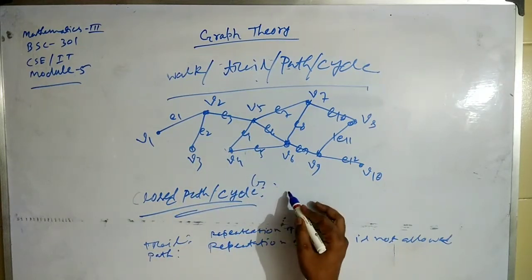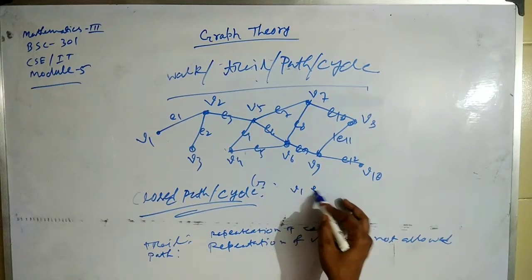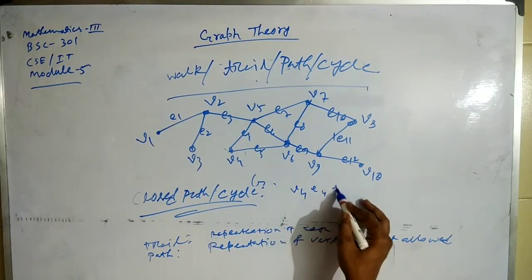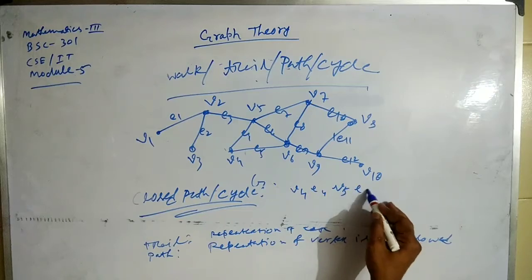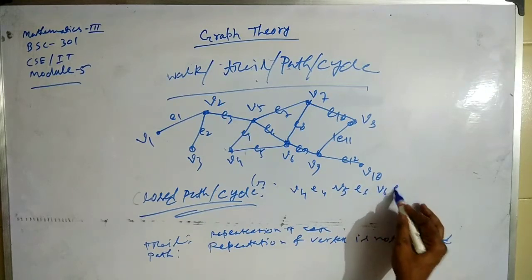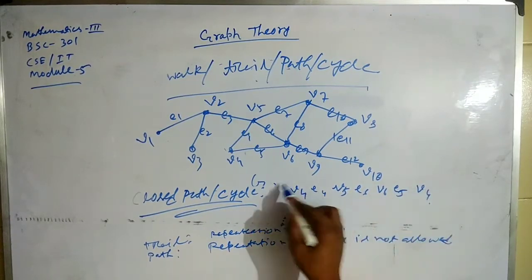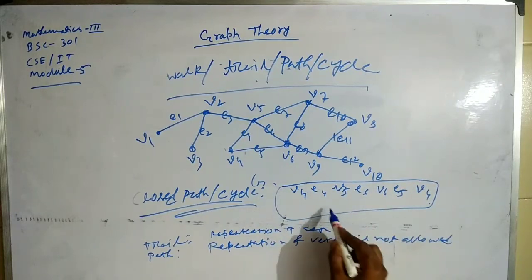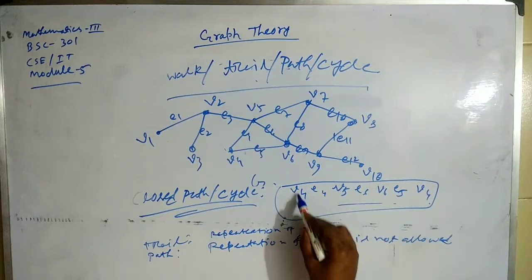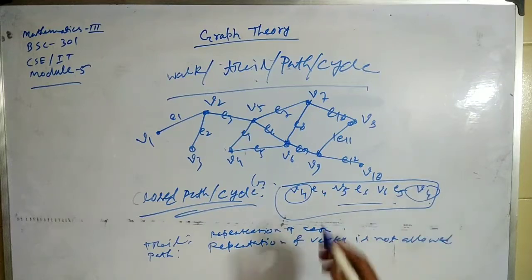So the cycle will be like V4, E4, V5, then we take E6, then V6, then E5, V4. Now this is a cycle. No vertex is repeated excluding the starting vertex and end vertex. So this is called a cycle. So I told you the definitions of walk, path and cycle.